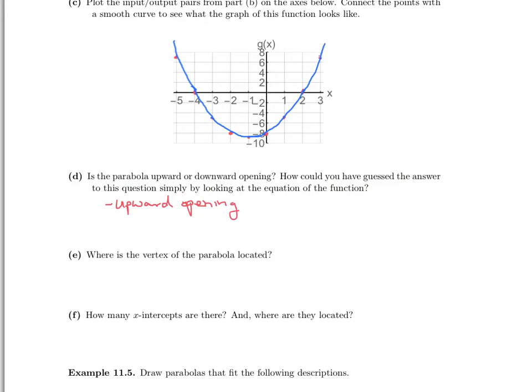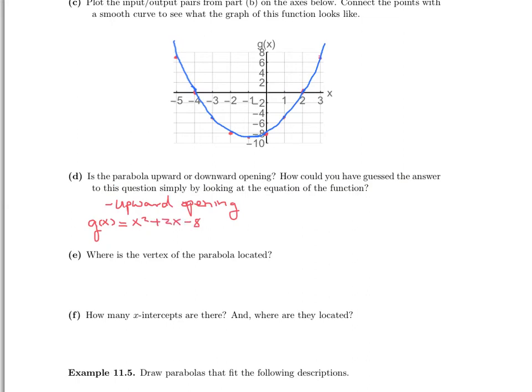Now how could we have predicted this? Well, the equation for this function was g of x equals x squared plus 2x minus 8.